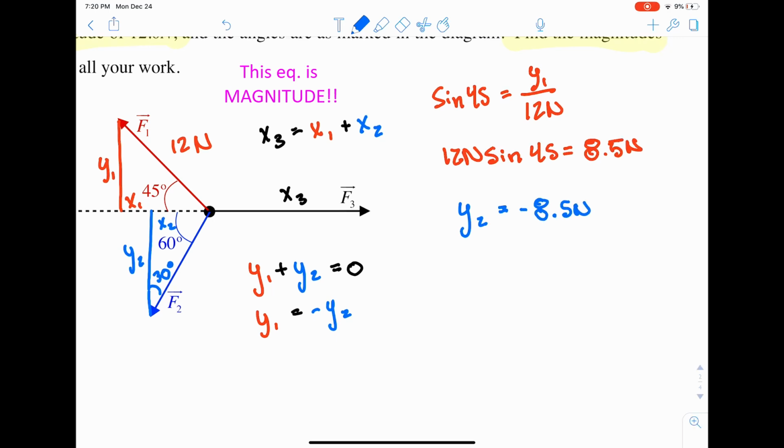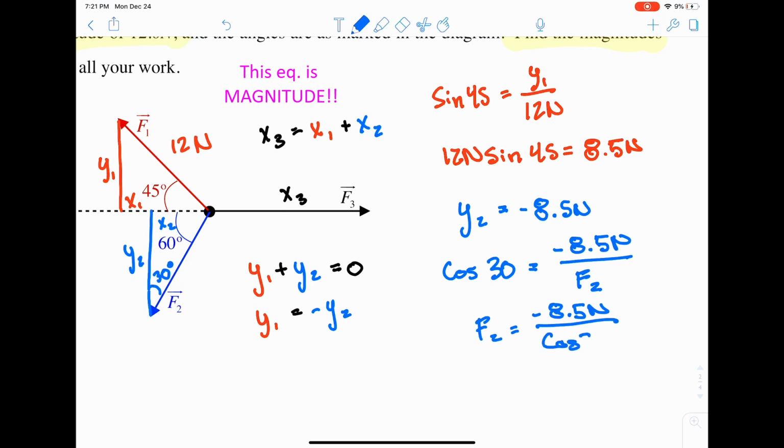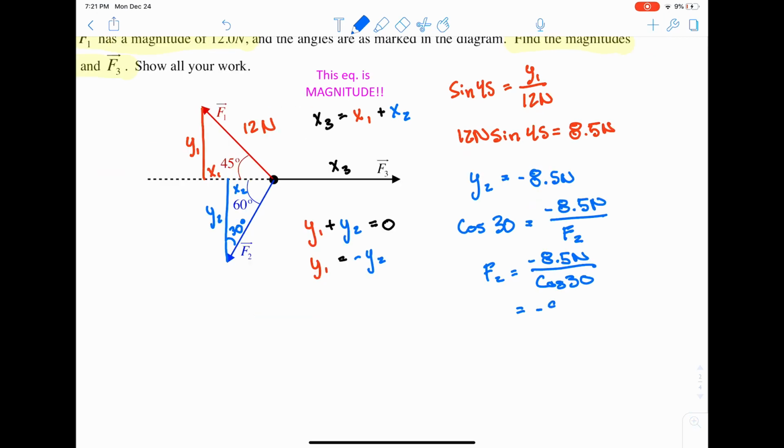So now we would write cosine of 30 is equal to negative 8.5 newtons over F2. Now, rearranging that will give us negative 9.8 newtons.